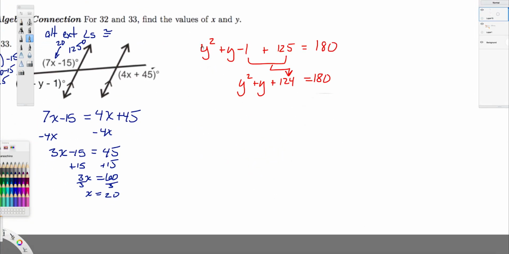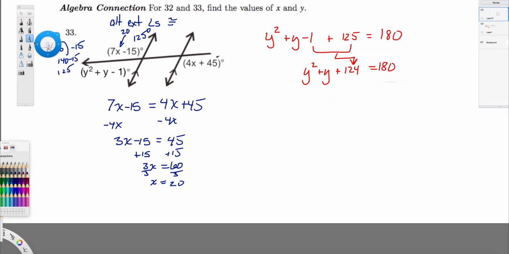Okay, so subtract 180, and we get y squared plus y minus 56 equals 0, right? 124 minus 180 is negative 56.